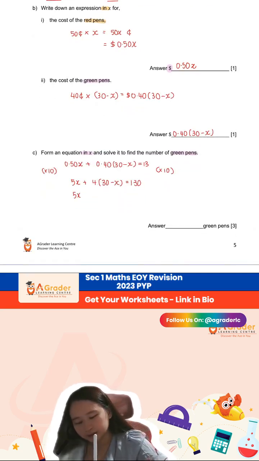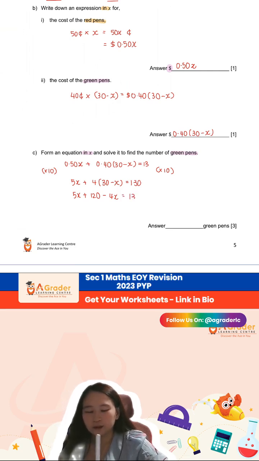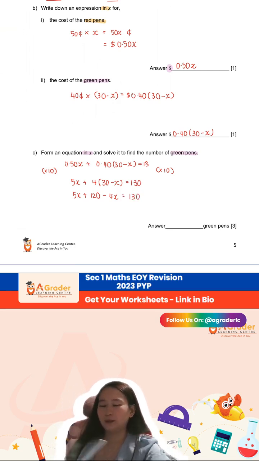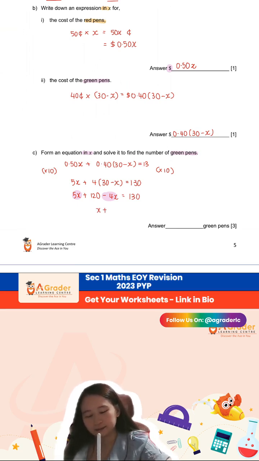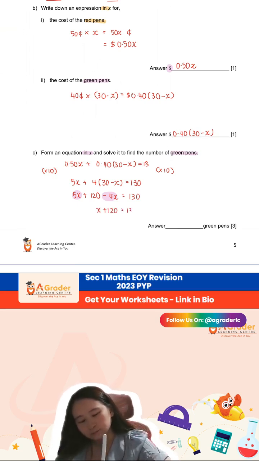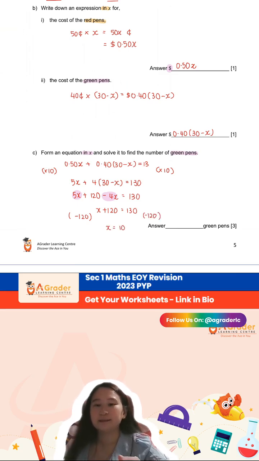Then 5x plus 4 times 30 is 120, minus 4 times x, equals 130. Then I can simplify the like terms together. 5x minus 4x, I get x. Since I'm finding x, I have to subtract 120 on both sides.